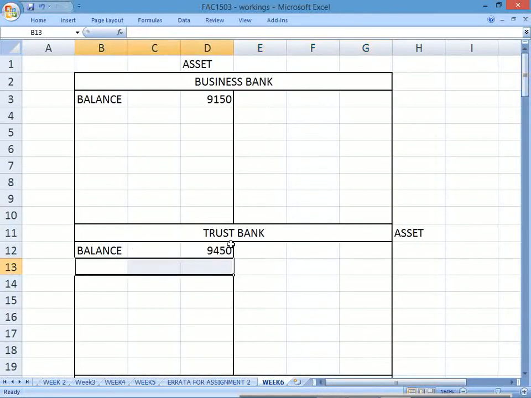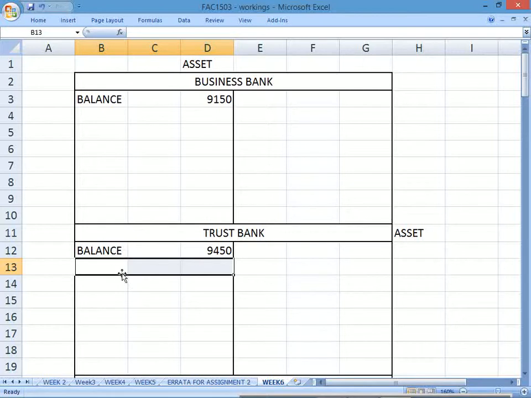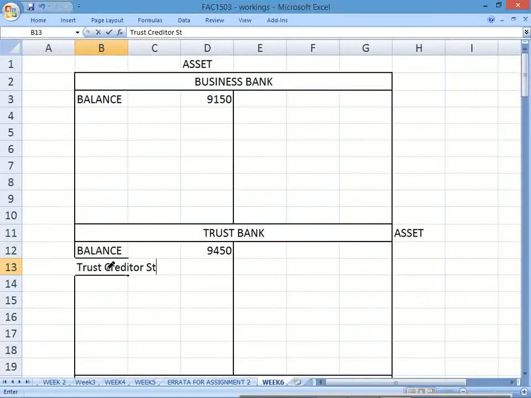Okay, in the trust bank account, you can probably group these all as one. Why? Because this comes from the same journal. So you can just say total receipts if you want to. You can do it separately. Then you would show trust creditor Stain, and then you would show, who was the other one? Nkosi.